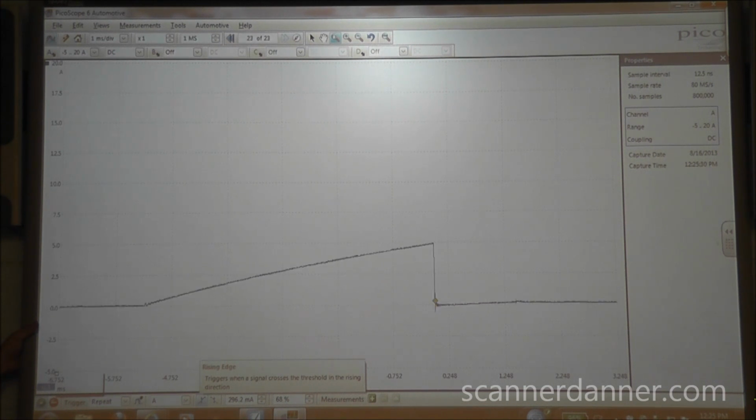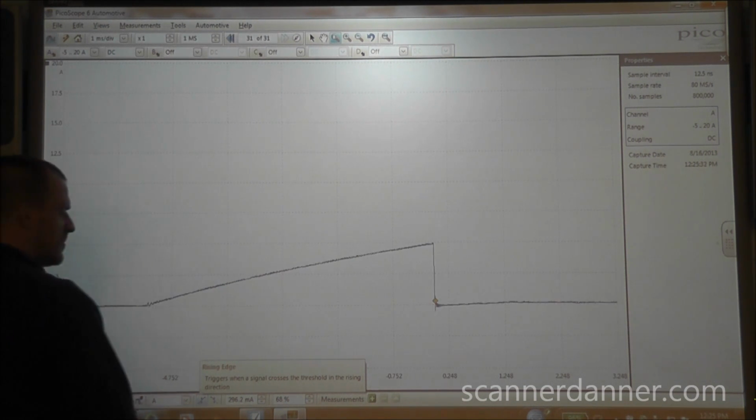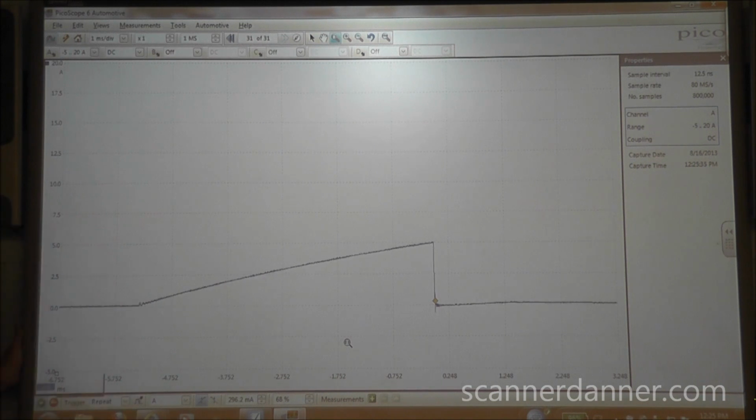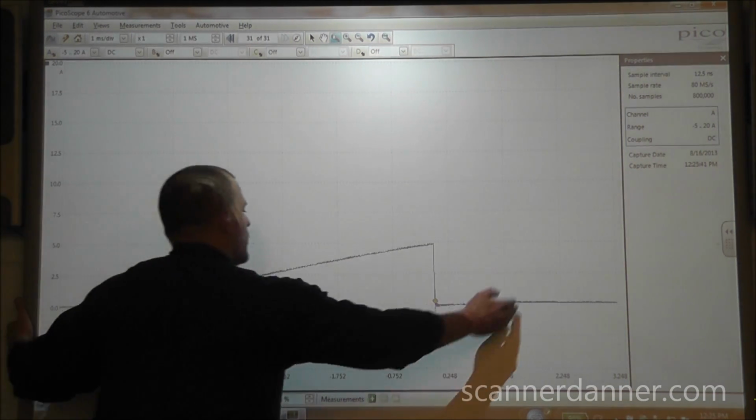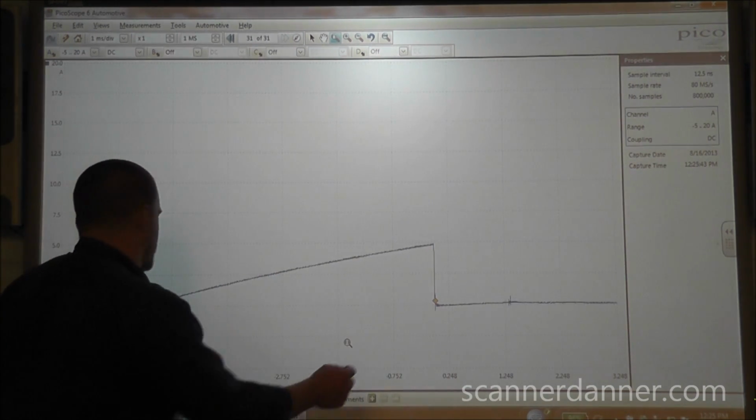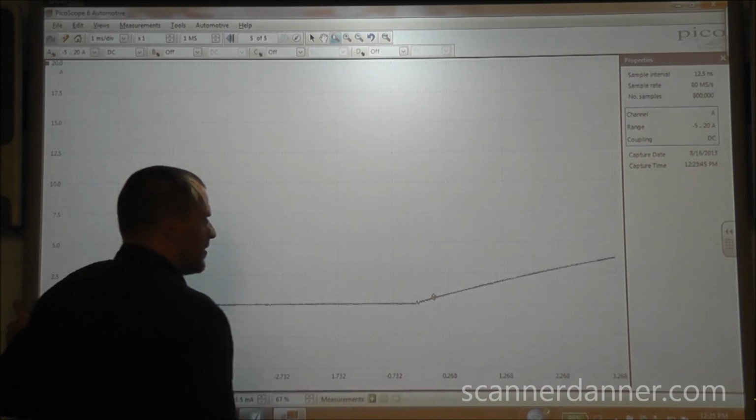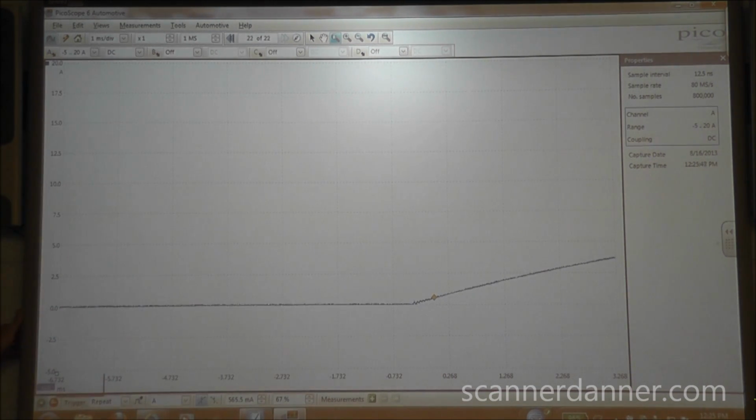That's one we wouldn't want. See what's happening? There's some other noise in this picture, and at times it's actually triggering off a bit. There we go. That would be where we don't want to set a trigger level.